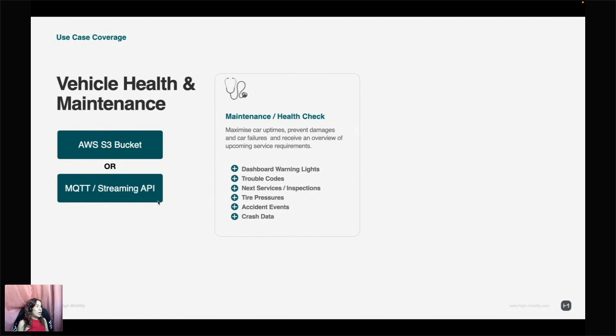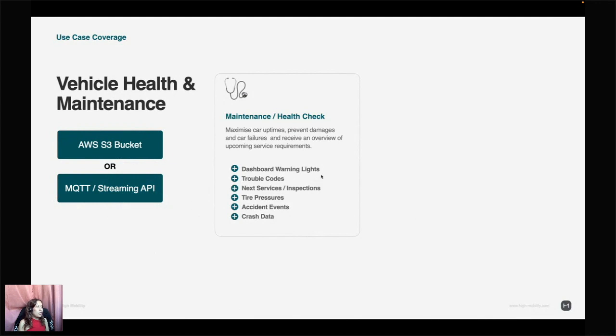For push, you can choose one or the other, and you can always go for MQTT if you prefer, especially if you want to initiate a process on your side whenever a warning light is on in the car. In this case it's better to get the data over MQTT, so you have a more dynamic approach. You will have a higher frequency of data being delivered to you in comparison to an S3 bucket.